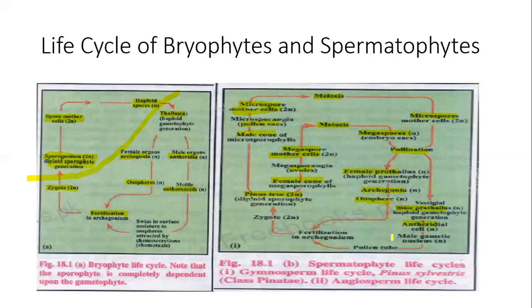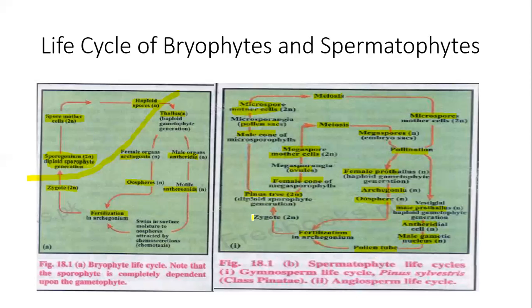Antheridial cell will produce male gametic nucleus and it will give rise to the pollen tube. Then, due to the pollen tube, the male nucleus will move towards the egg where fertilization occurs in the archegonium.